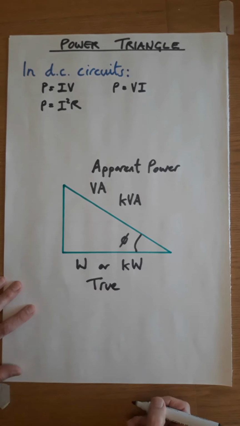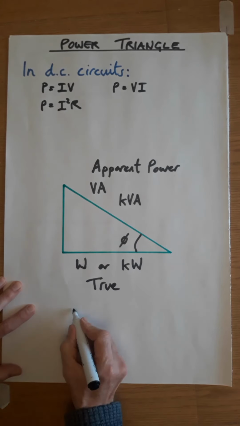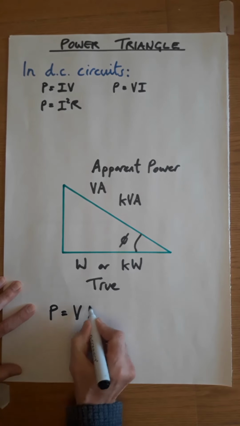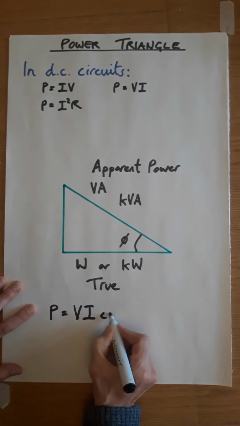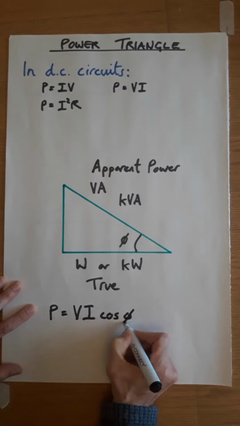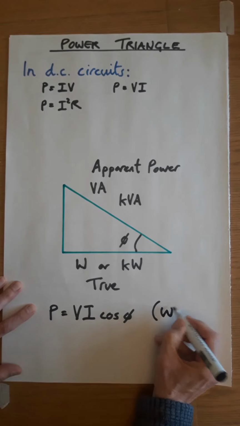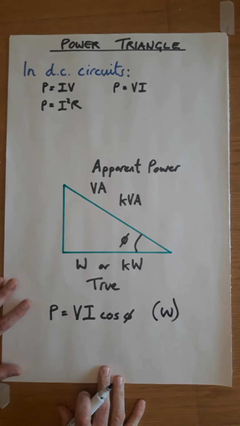Being true power, it takes account of the phase angle, and we can use a formula, P equals VI cos phi to determine the power, the true power in any AC circuit, and that's in watts.